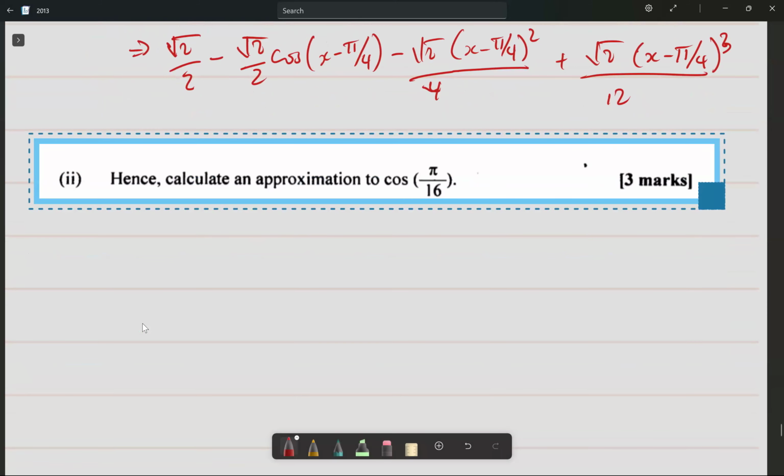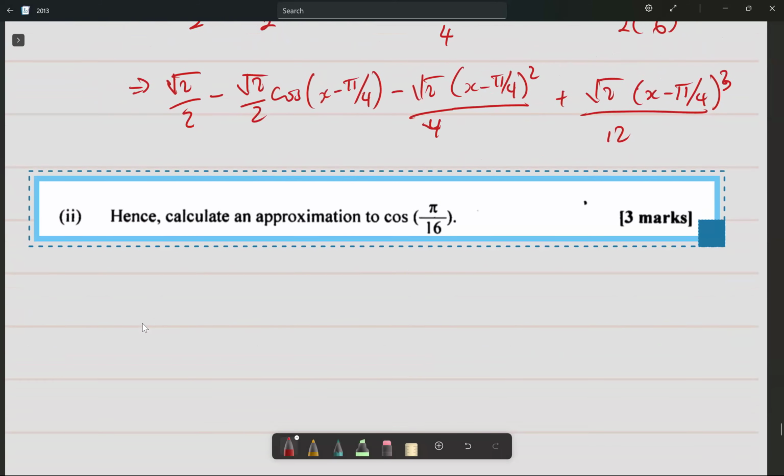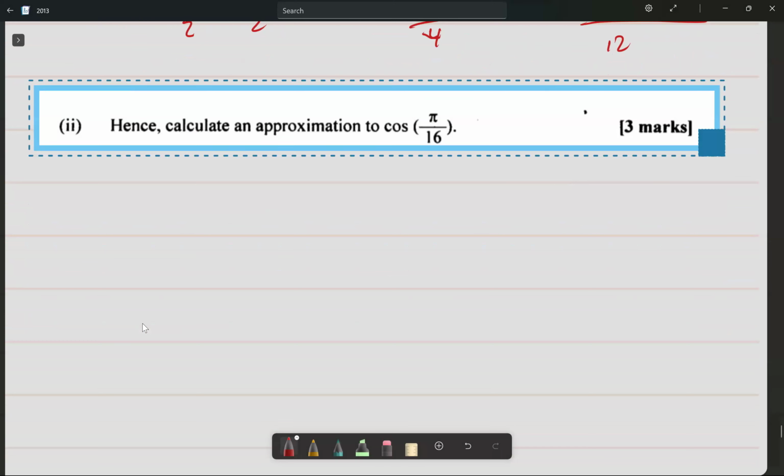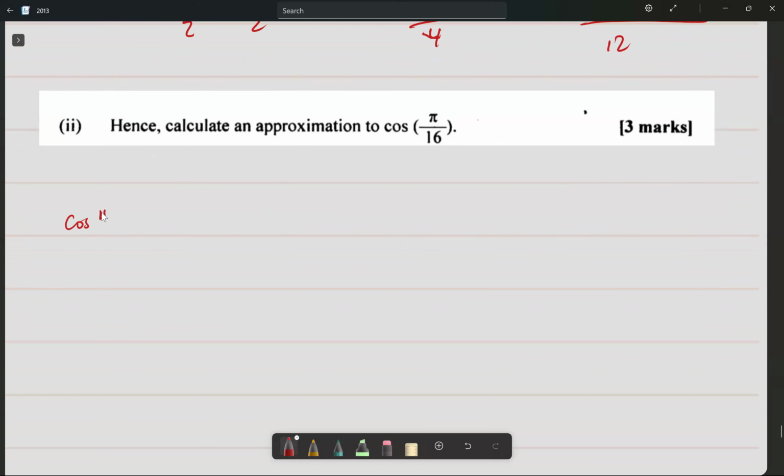So cosine of pi over 16 is going to be approximately equal to this at pi over 16.